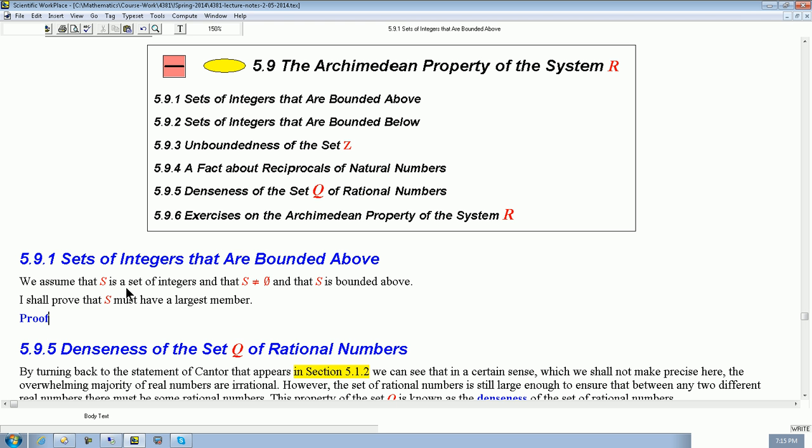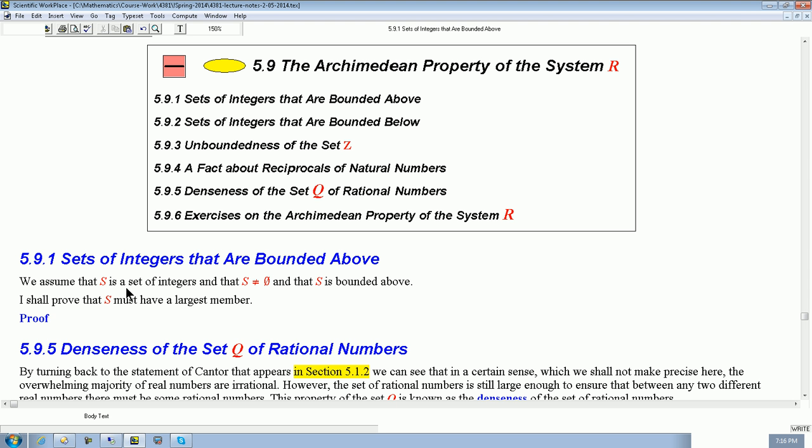Question? Yes. Wouldn't this be similar to the axiom of completeness, I guess, in a sense? I don't know what you mean by similar. You have to give me a definition of that word.